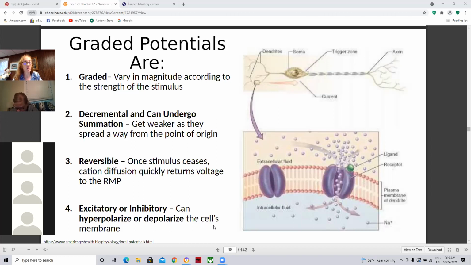So if we depolarize something, we're going to make it so there's less separation in charge. If we hyperpolarize it, we're going to make a bigger separation in charge than there was before. Keep that in mind.